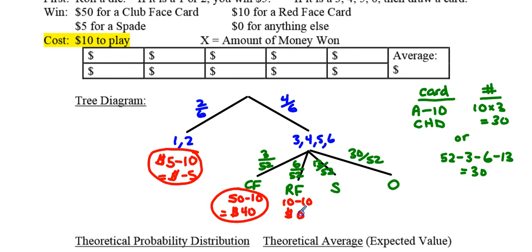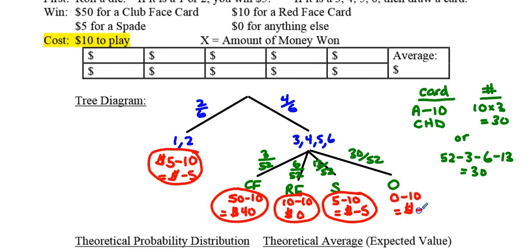So you actually win 0. For a spade, you win $5, but it costs $10 to play. So you walk out with negative $5. And for other, you win nothing, and it costs $10 to play. So that means you lose $10 overall.